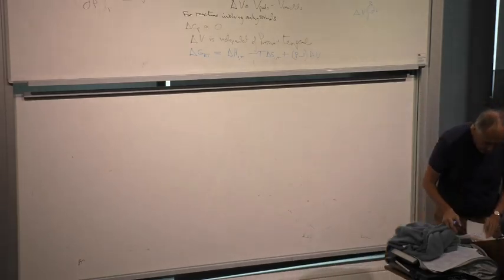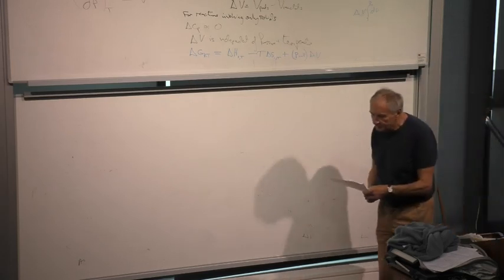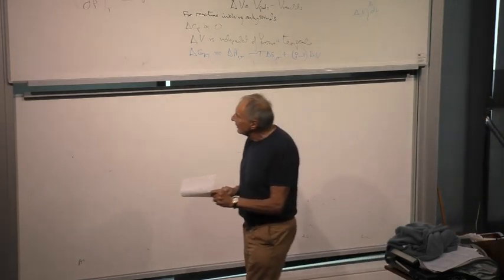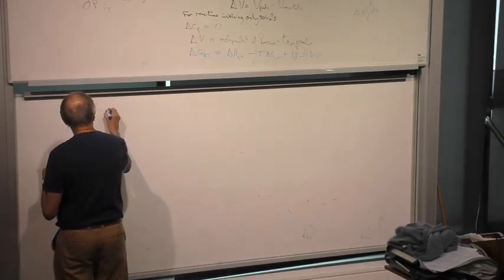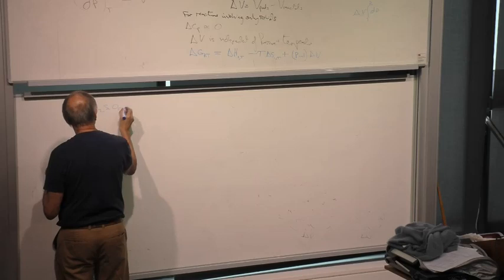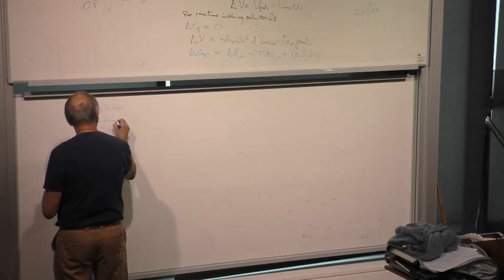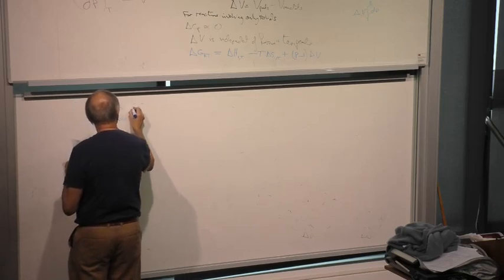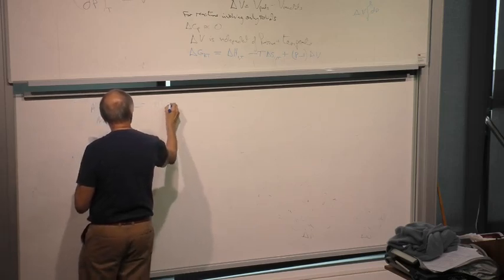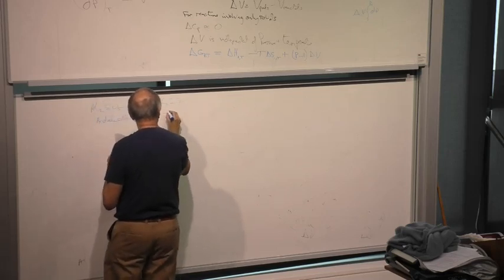Let's take an aluminosilicate. I've written down the values for this reaction. The reaction is Al2SiO5 andalusite goes to Al2SiO5 sillimanite.